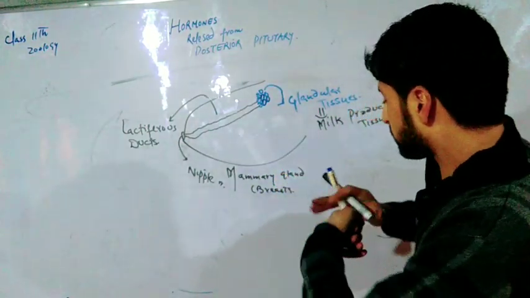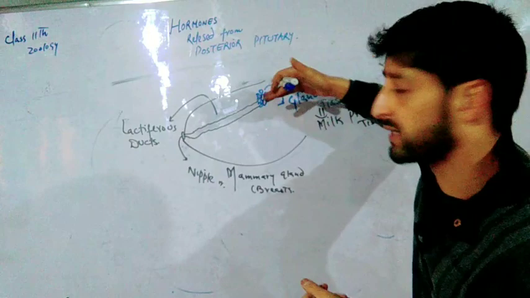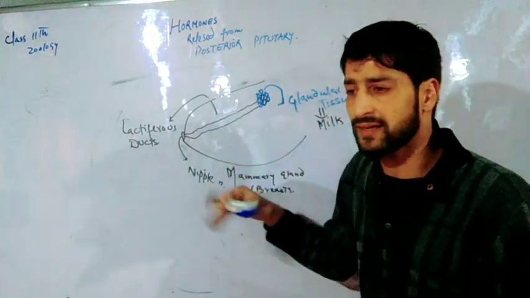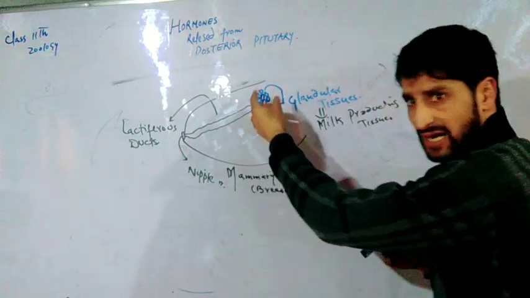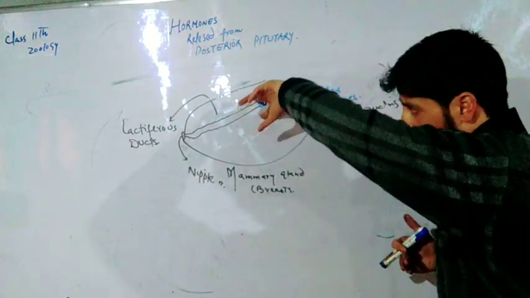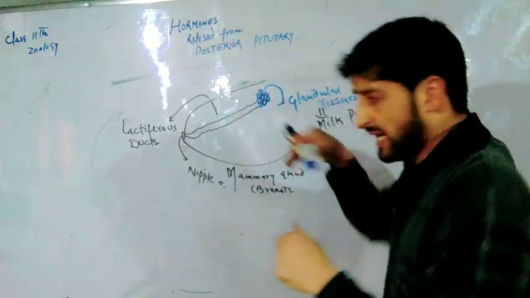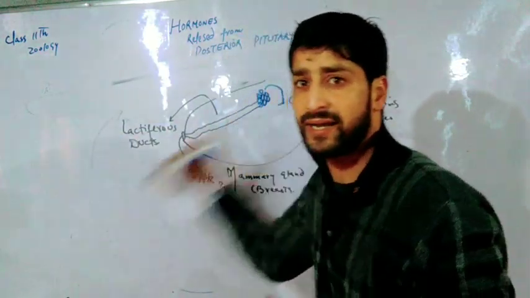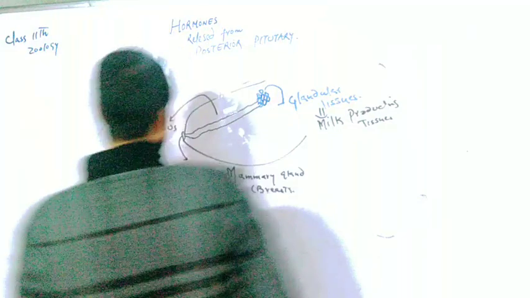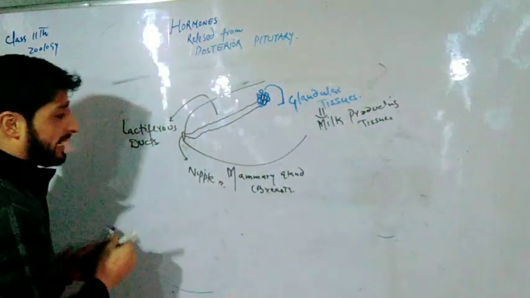Now, production of milk is under the control of prolactin hormone. That will be discussed in the next lecture. But right now what I am telling you is that after the production of milk, this milk is to be ejected out, the milk has to be taken out of the mammary gland.